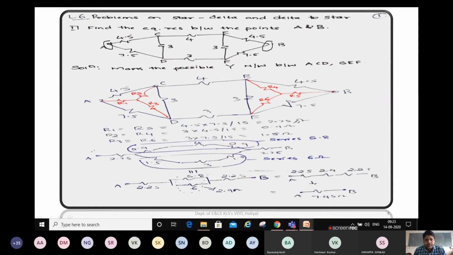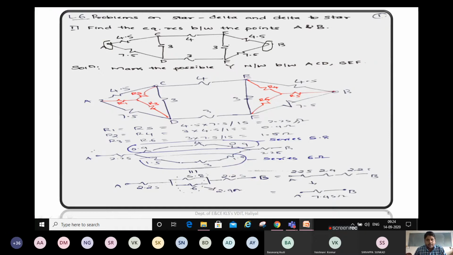First, you need to imagine whether it is suitable to apply delta to star or star to delta transformation. If you look into this portion here, 3 ohms, 4 ohms, 3 ohms and 3 ohms, it is neither delta nor star. So leave that portion.